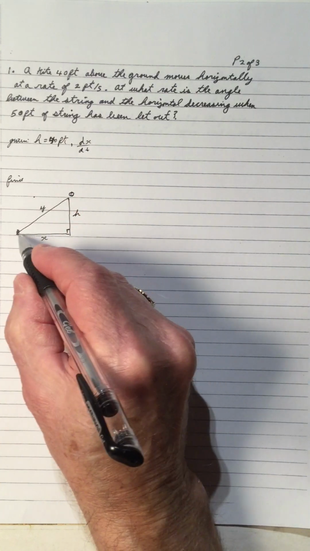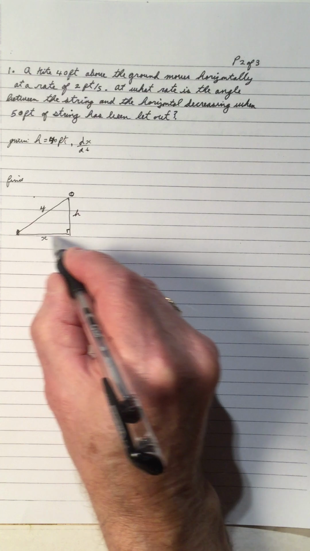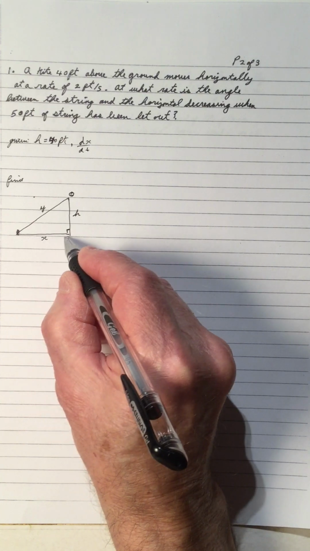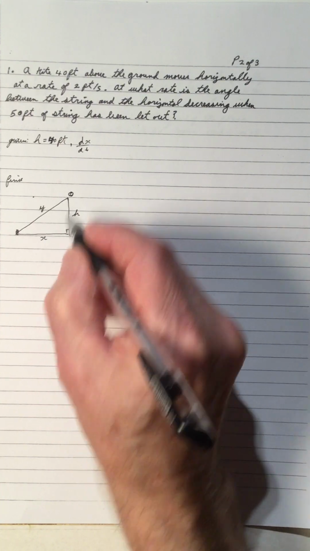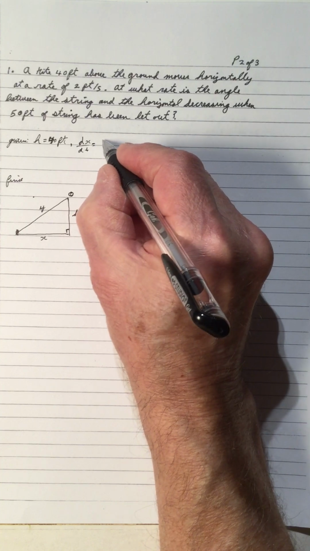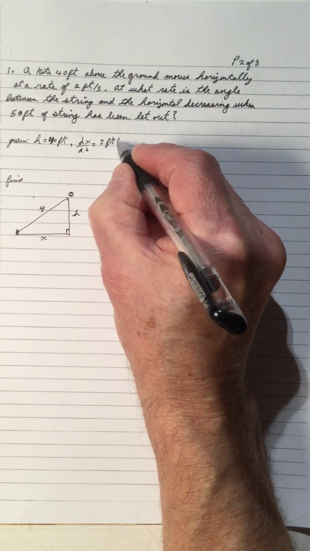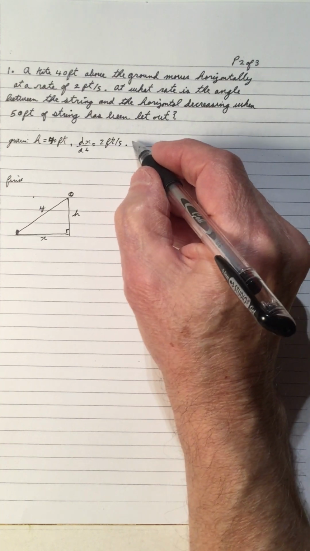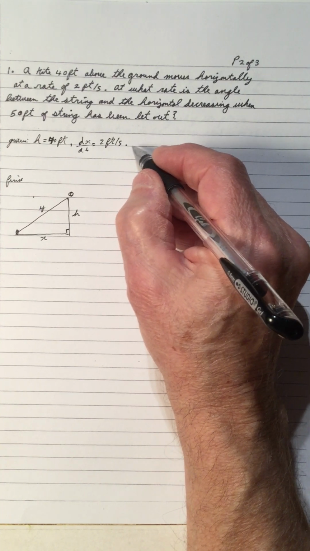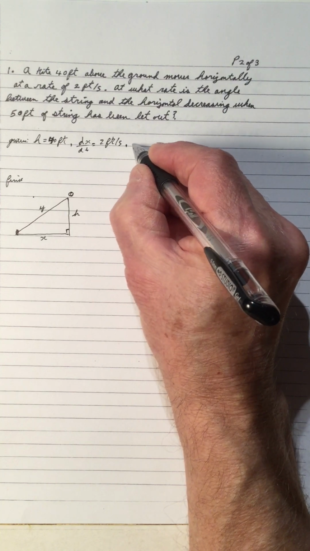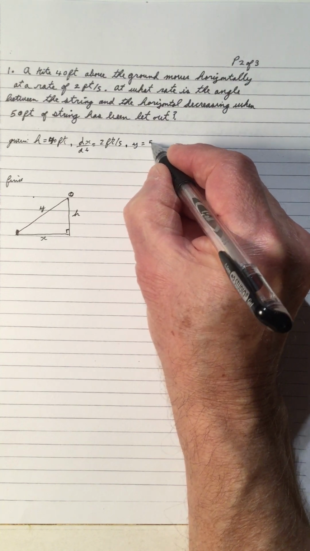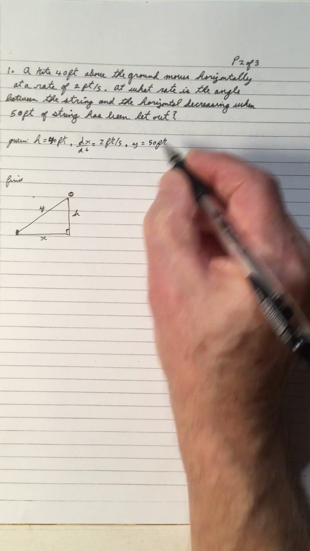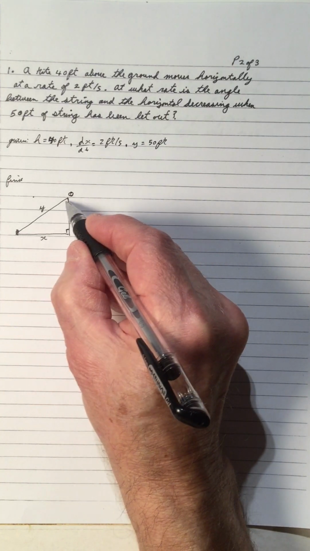So this is the distance horizontally on the ground, and that rate is 2 feet per second. And the length of the string, which is y, is 50 feet. So we have a string that's let out here 50 feet.